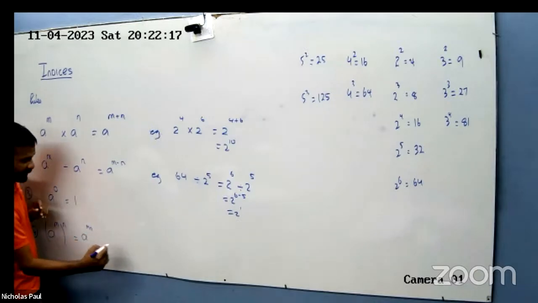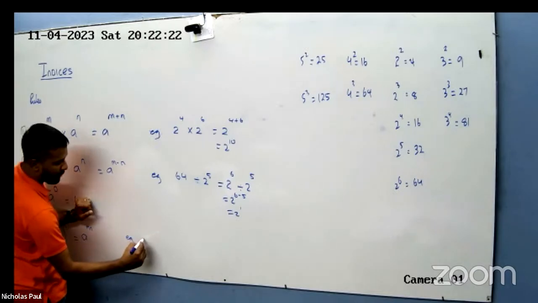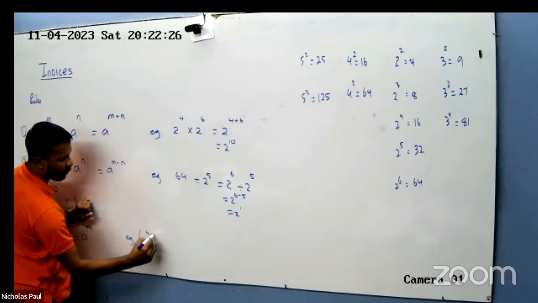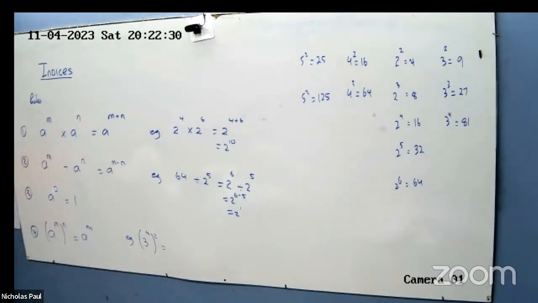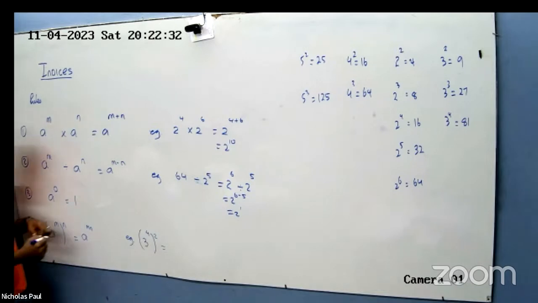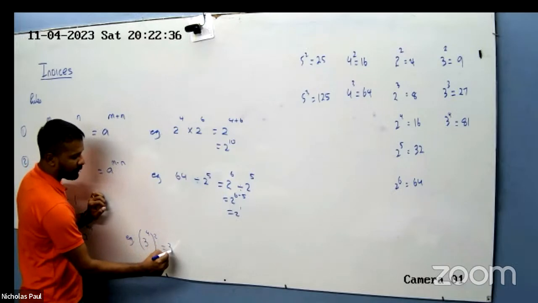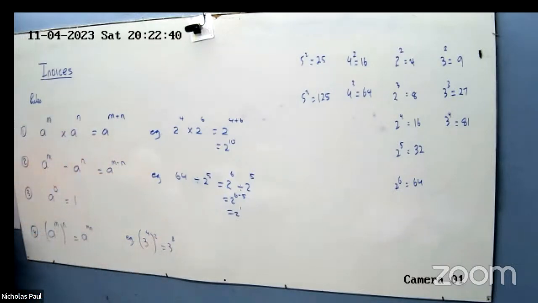So for example, if you have 3 to the power 4 all squared, you multiply, right? So you'll get 3 to the power of 8. Okay, copy that down.